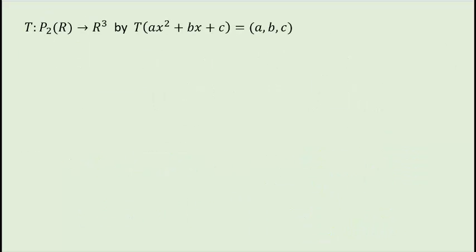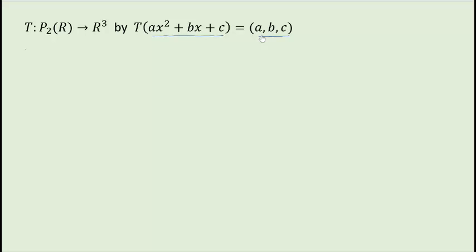Here we have a linear transformation from the vector space of polynomials of degree less than or equal to 2 to R3, 3 space. And you see that it just is a coefficient vector. This transformation takes a polynomial and sends it to its triple of coefficients, the x squared, x, and constant.